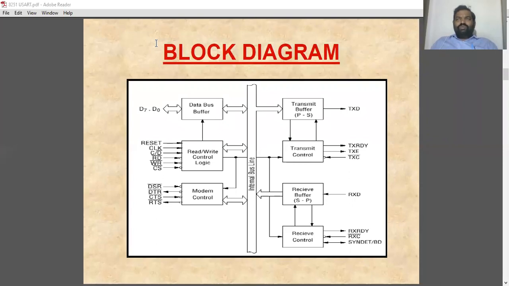So we send the start bit before sending the data, and after that you can transmit your 8-bit, 7-bit, 6-bit or 5-bit data, and after that you transmit the stop bit. The stop bit is also important, in between that is D0 to D7. Start bit and stop bit are very important in the asynchronous data transmission method.